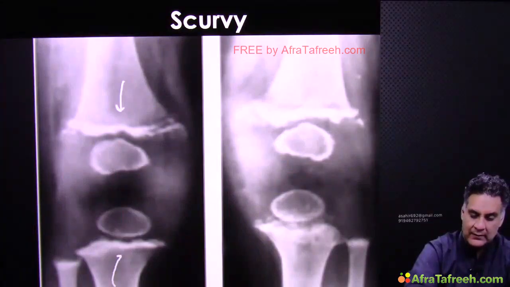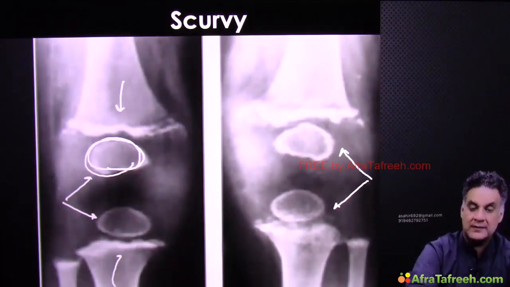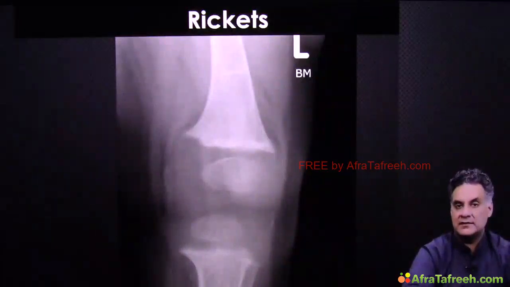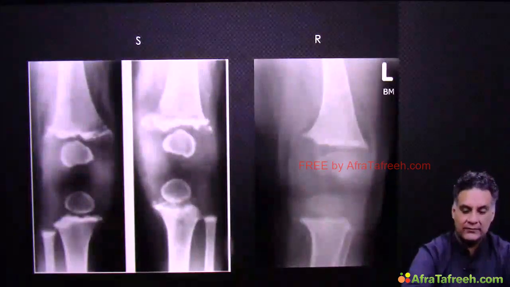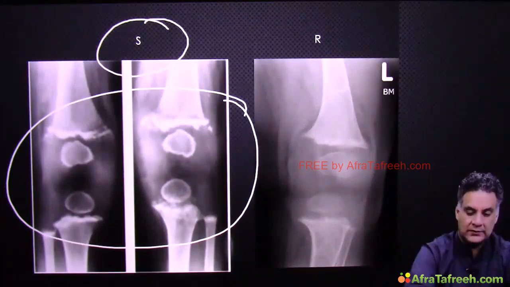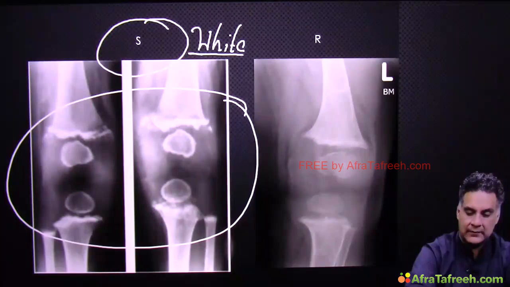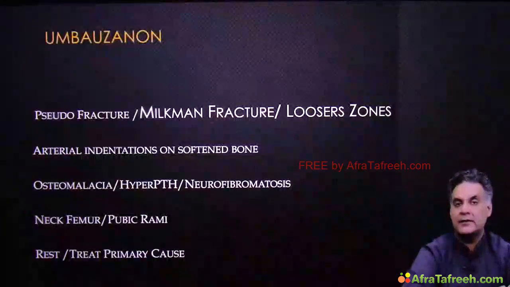This is the sclerotic margin of the epiphysis, called the Wimberger ring sign. This is rickets, widening. There's no whitening. This is scurvy, widening, all white. So scurvy, whitening. Rickets, widening. If you remember this white and white, you will be through.